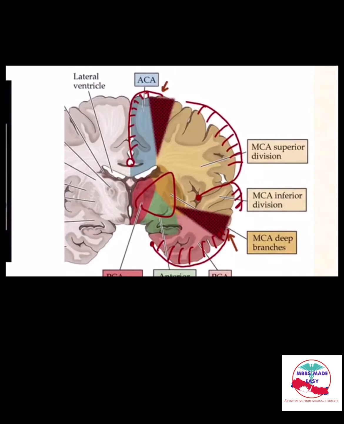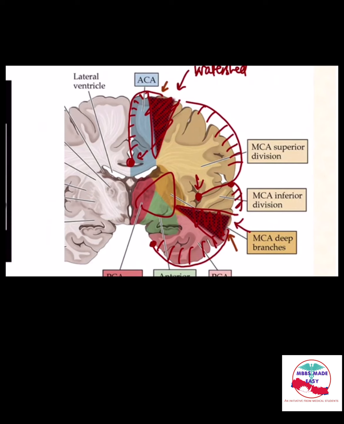Now you can note that there are two areas, this area and this area, and these are called watershed areas. Watershed areas in the sense that they are supplied by the end arteries of two branches. So the anterior cerebral artery and middle cerebral artery both supply this triangular area, whereas this triangular area is supplied by the middle cerebral artery and posterior cerebral artery, and this is called a watershed area.